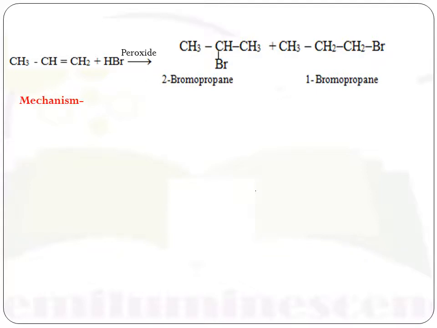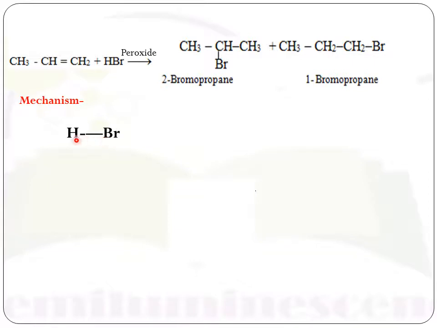The mechanism of this reaction is that when a peroxide is present, the mechanism takes place through radical formation. That means in the first step, HBr undergoes homolytic cleavage. We know that there is a bond between this hydrogen and bromine, and each bond is formed by 2 electrons, either by mutual sharing or where one atom donates and the other is the acceptor. But during cleavage, it takes place homolytically.